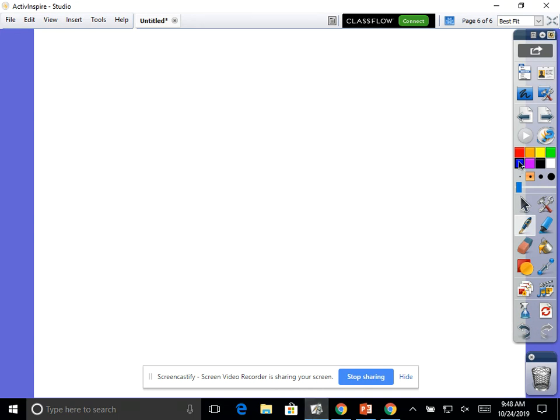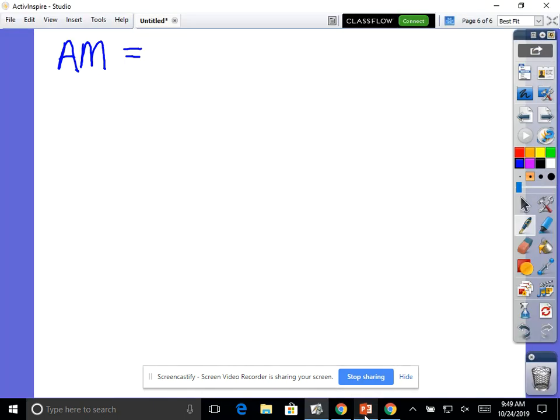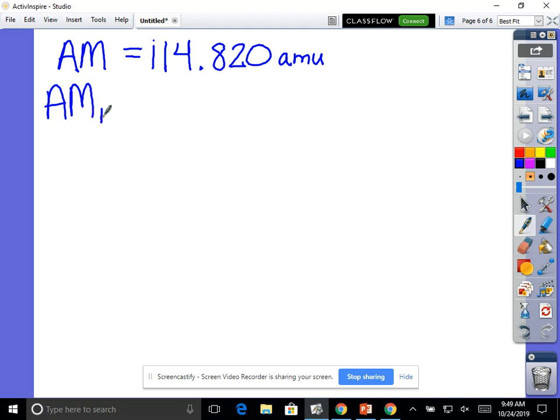All right, so the way that we would do this is, the atomic mass for the whole thing we said was 114.820 AMU. And then I'm going to look for the atomic mass of an isotope and its percent abundance for isotope 1.